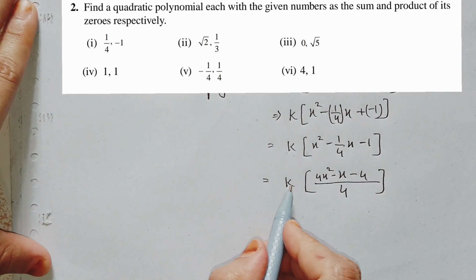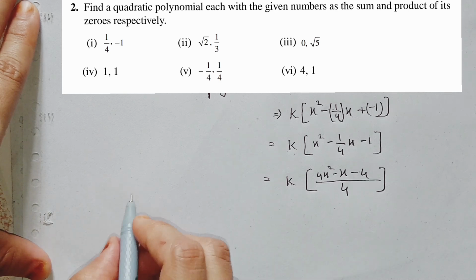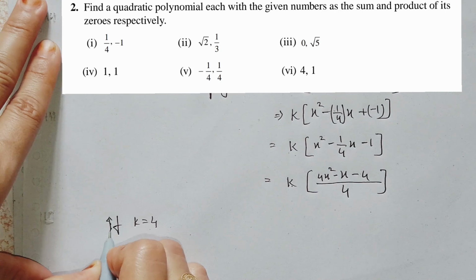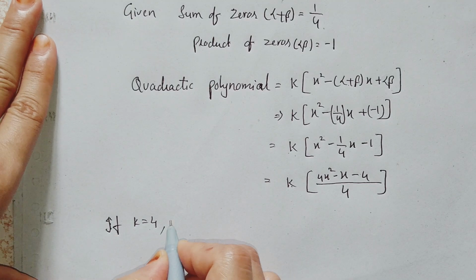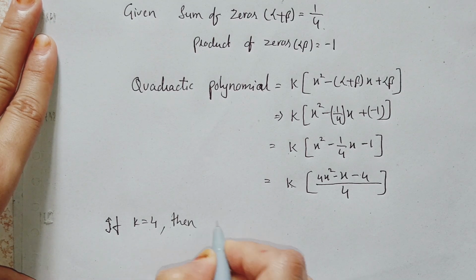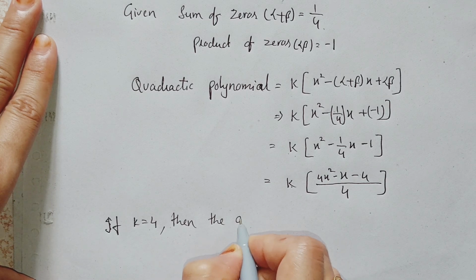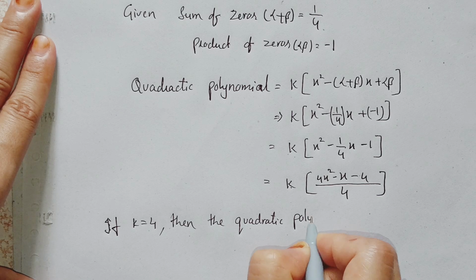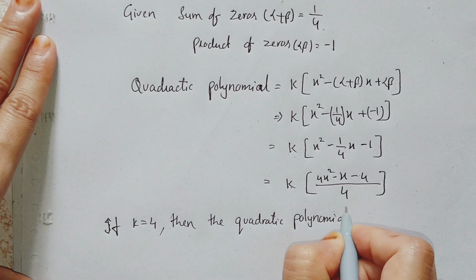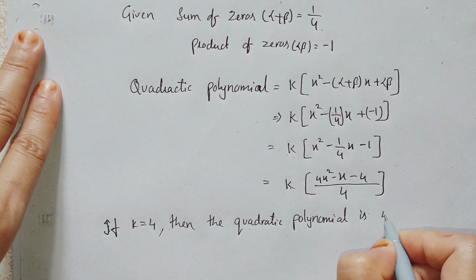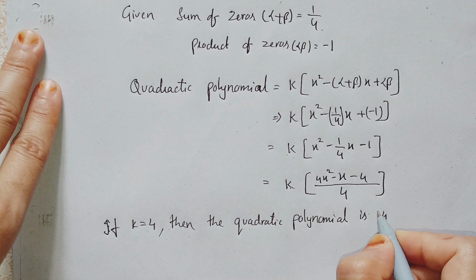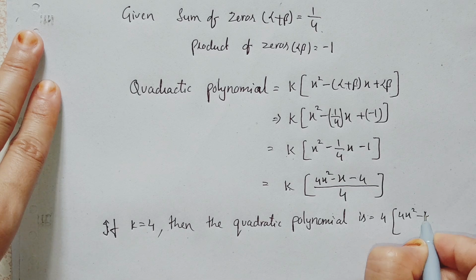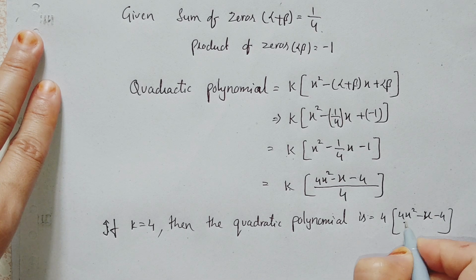So if I put the value of k as 4, if k equal to 4, then the quadratic polynomial is 4 into 4x square minus x minus 4 divided by 4.